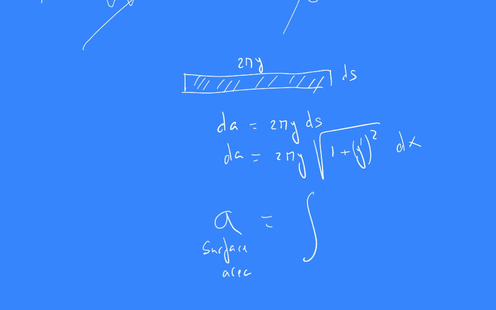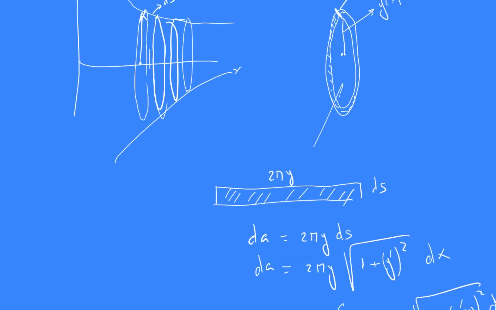the integral of 2 pi y of x, which is a function of x, times the square root of 1 plus y prime of x squared, dx.